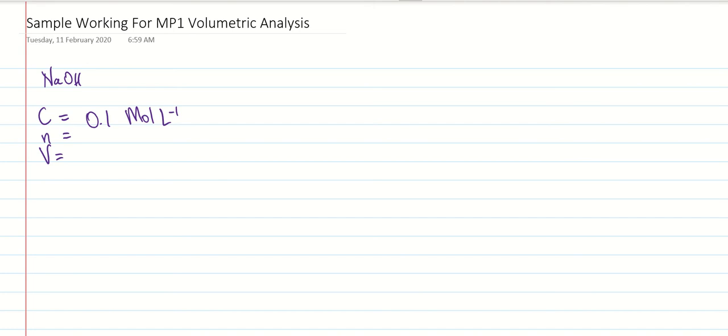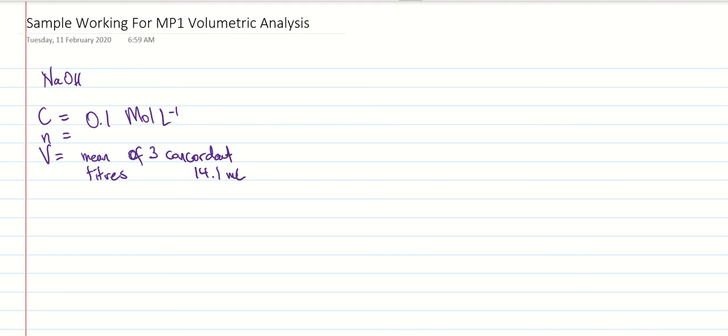So let's just assume, for example, that the mean of those concordant titers, what's dropping out of the burette, is something like 14.1 milliliters.